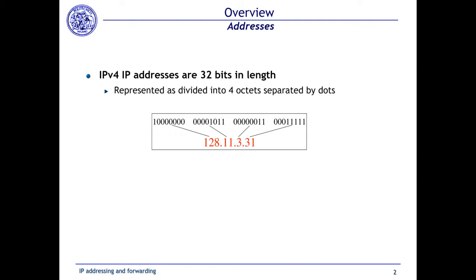It is still by far the most popular implementation, so you find almost everywhere IP version 4, except in some networks. Some networks support IP version 6, which is the newer implementation. Actually not new, because IP version 6 was standardized many years ago. In IP version 6, addresses have been expanded, so they are not 32 bits long, but 128 bits long.